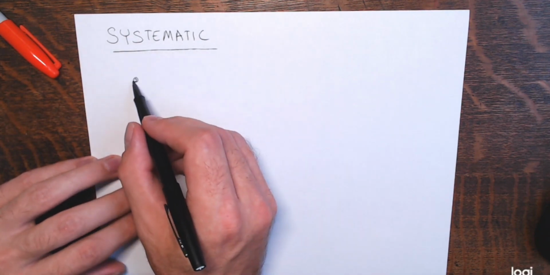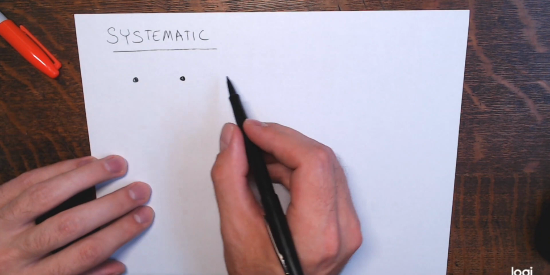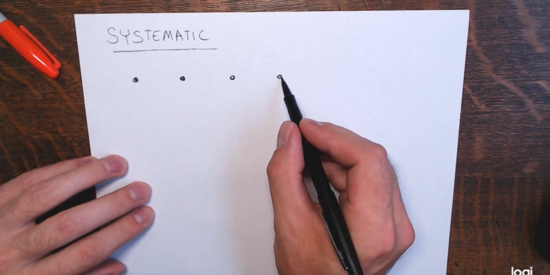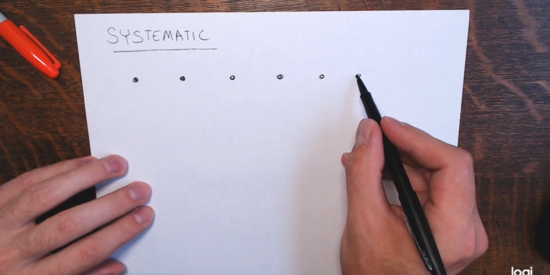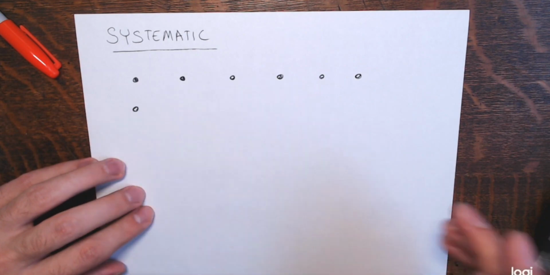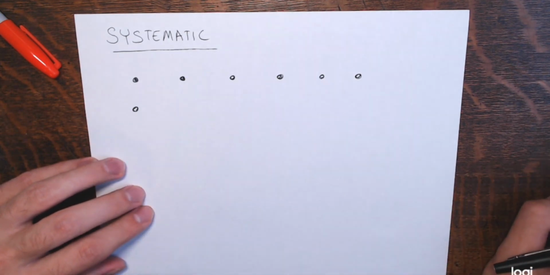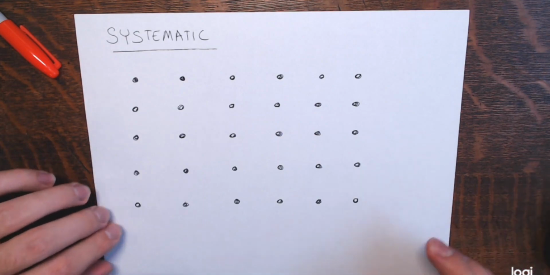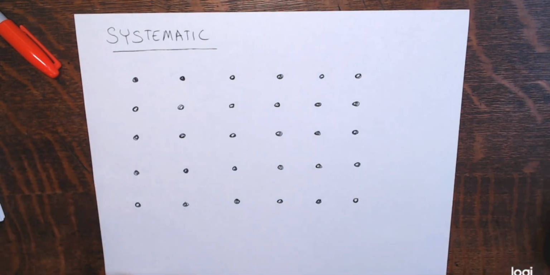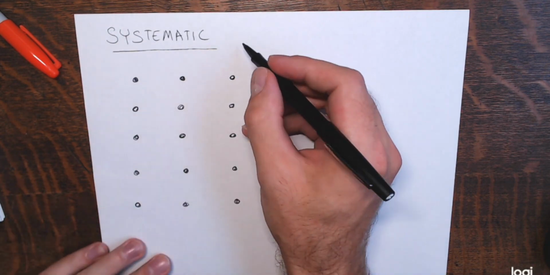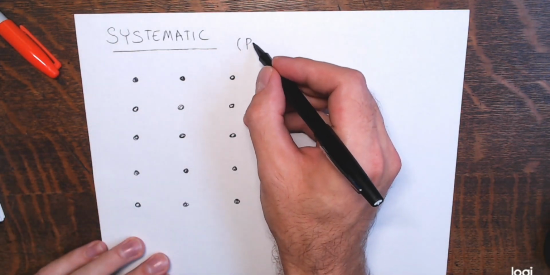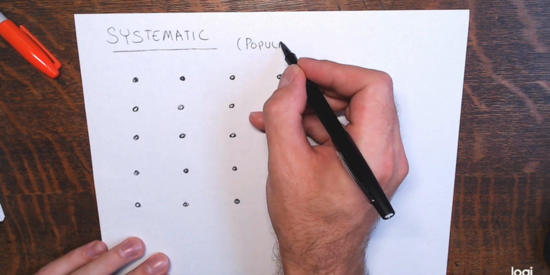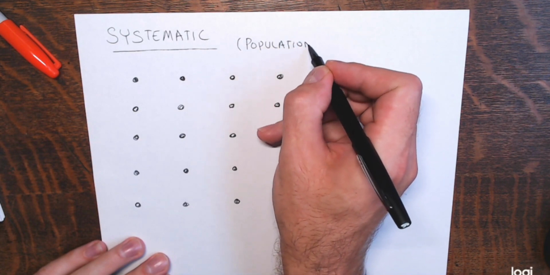So let's say all these dots represent my population. Alright, so I'm going to pause this and draw a bunch. Okay. So I've drawn up here 30 dots. Alright, now I know populations are usually going to be bigger than this, but let's say all of these dots represent the population.